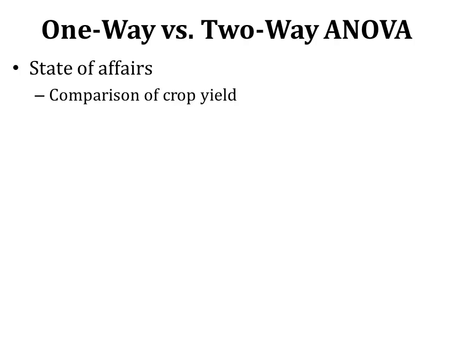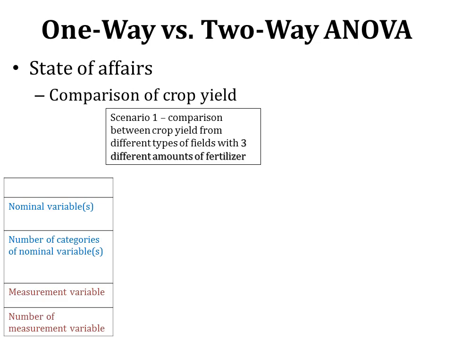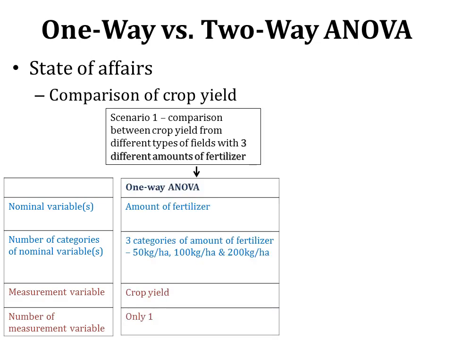See another example, which is the comparison of crop yield. So scenario 1 is comparison between crop yield from different types of fields with 3 different amounts of fertilizer. So in one-way ANOVA, the nominal variable is only 1, which is the amount of fertilizer, and the number of categories of the nominal variable are 3.